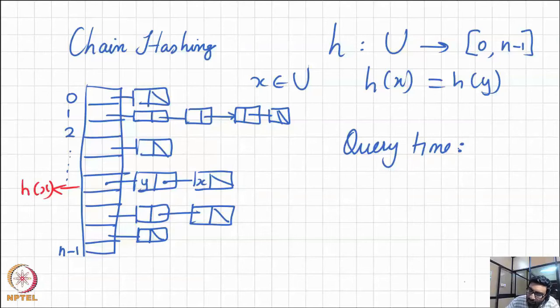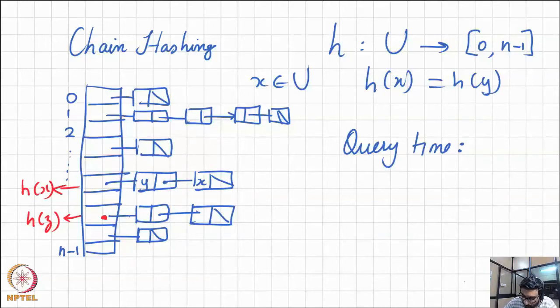We look at h of Z, and that index is going to point us to a particular location in the hash table, and from there we see a linked list, and we follow the links in the linked list to see if the particular item Z is present in the hash table or not.